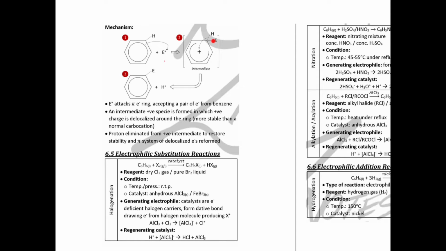And 6 minus 2, now it has 4. 4 is not stable. Because 4 electrons remain in the delocalized system, which is lacking 2, it becomes temporarily positively charged.